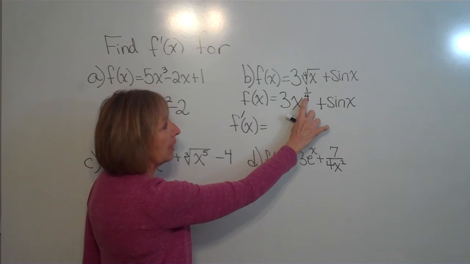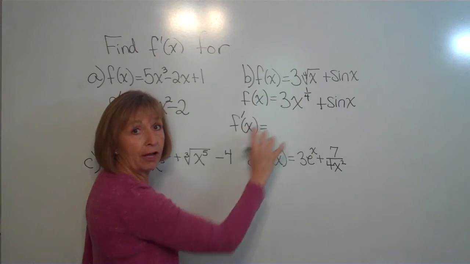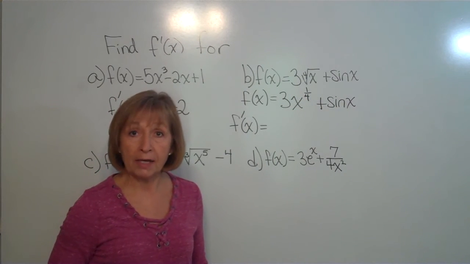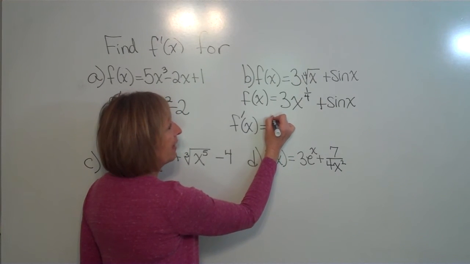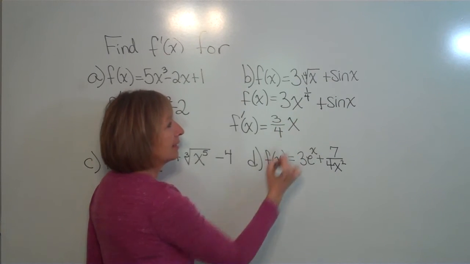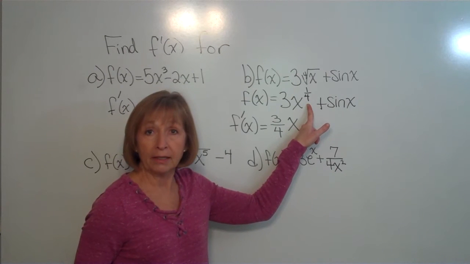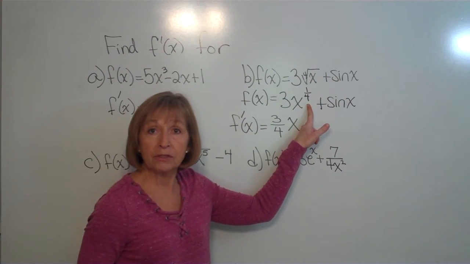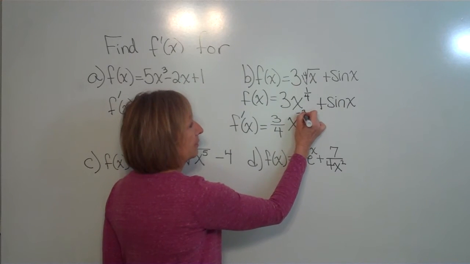So I'm going to bring this rational power exponent down and multiply it to the number that's in front. So 3 over 1 times 1 over 4 is what we're going to have for that. So that's 3/4 x to the, and now think, 1/4 subtract 1. Well, that's 1/4 subtract 4/4, which is a negative 3/4.